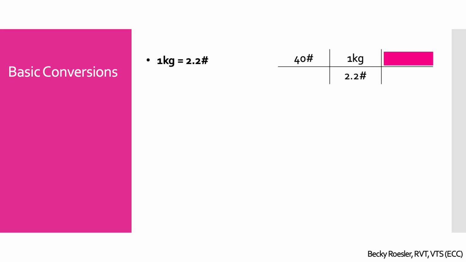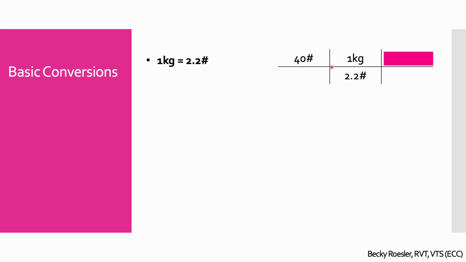So let's just do a couple simple examples. So we know that 1 kilogram equals 2.2 pounds. So let's say we want to figure out what 40 pounds is in kilograms. So with our puzzle, we start with what we know. We start with 40 pounds. We know that 1 kilogram equals 2.2 pounds.